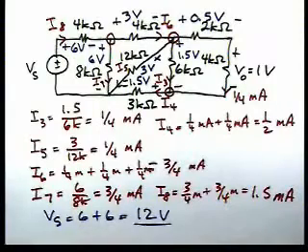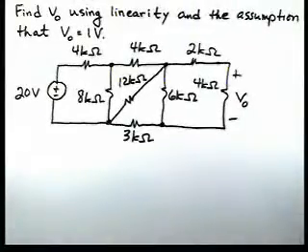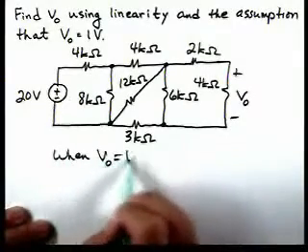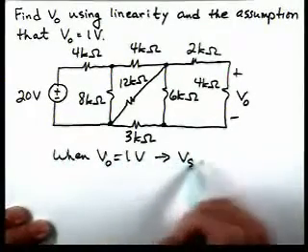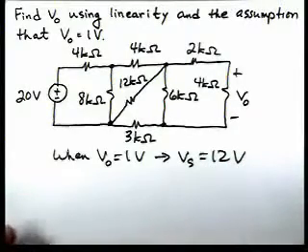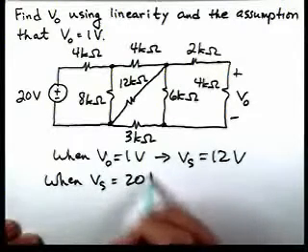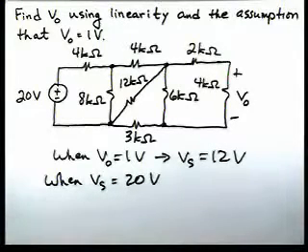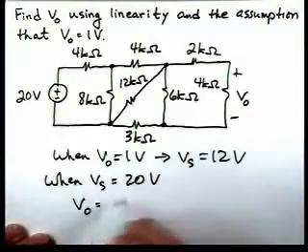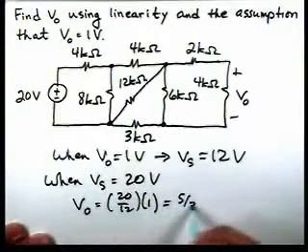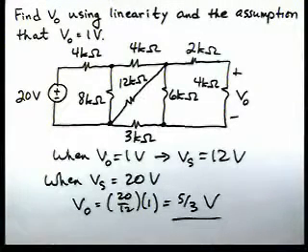So now when Vs equals 20, what that tells us is that V0 is 20 over 12 times 1, or 5/3 of a volt. So when the input voltage is 20, that tells us that the output voltage is 5/3.